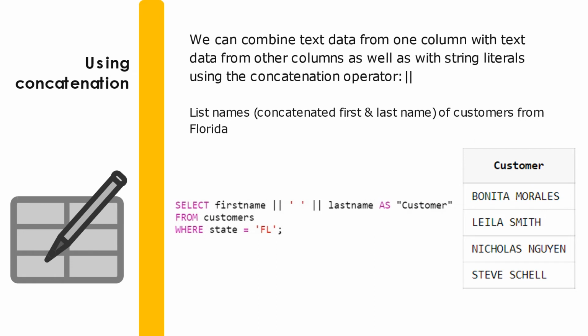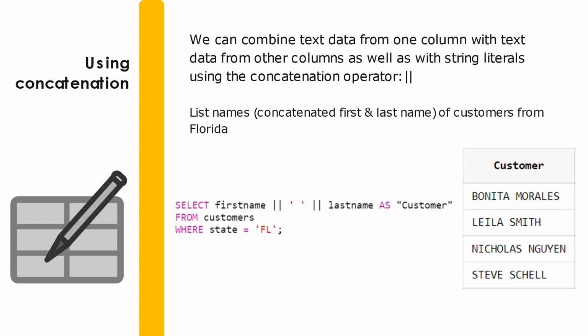To combine text data from one column with text data from other columns, we use the concatenation operator. For example, if we would like to list the names of customers from Florida, but we would like to combine the first name and last name into one column, we will do the following.